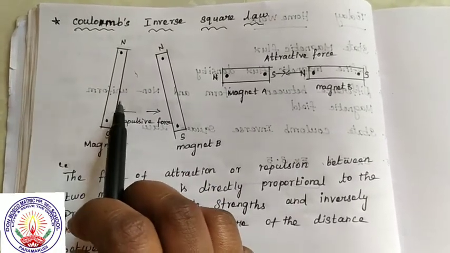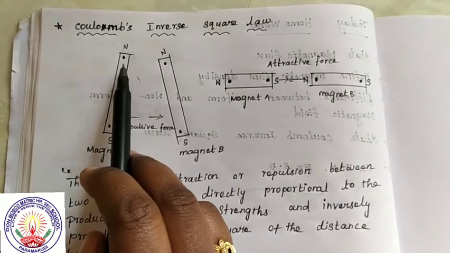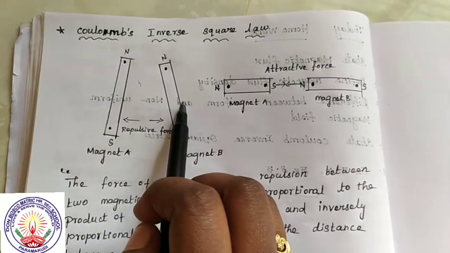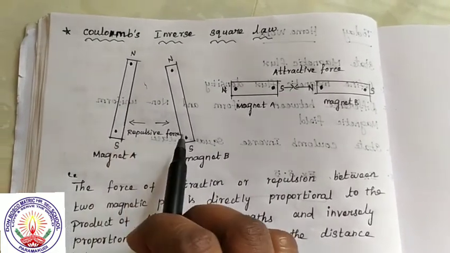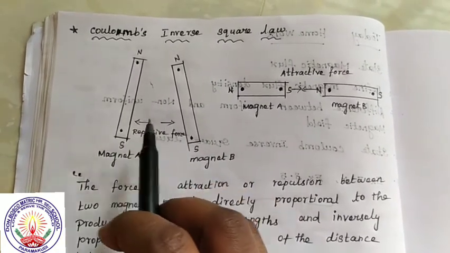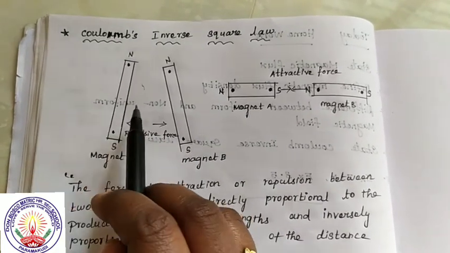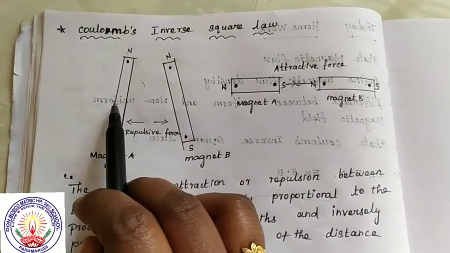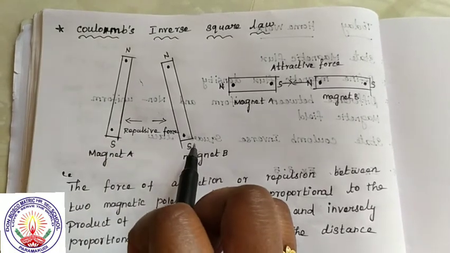This is magnet A, this is magnet B. When the north pole of magnet A and the north pole of magnet B, then the south pole of magnet A and the south pole of magnet B, are brought closer, they repel each other. This is the repulsive force. So first we have to consider 2 bar magnets. The first magnet is magnet A, this is magnet B.